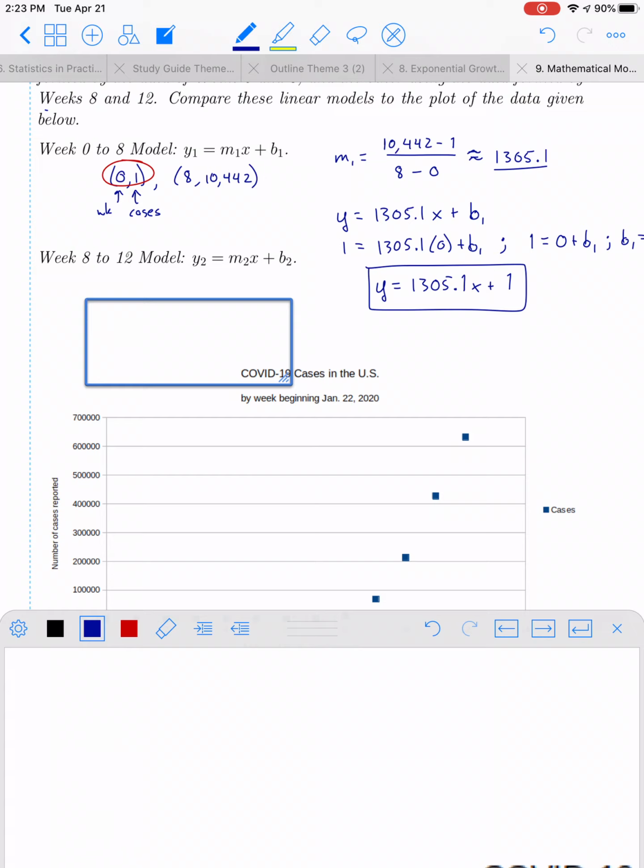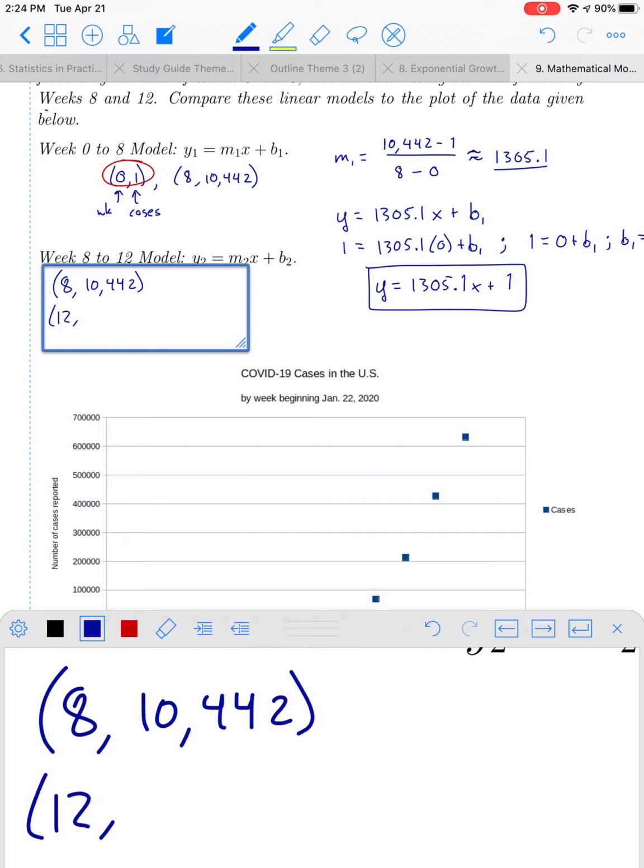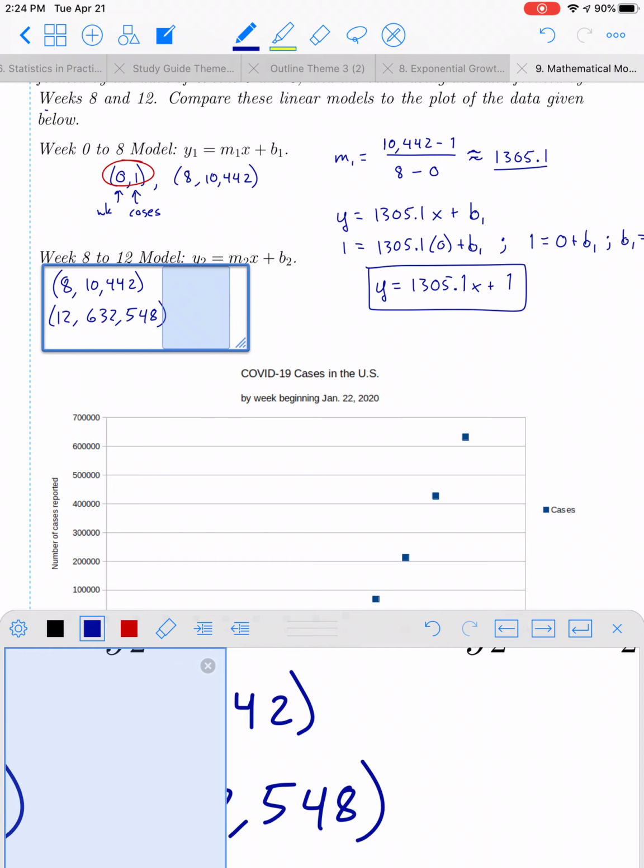I'll put the 2 points down, but let the student practice the rest of the details. Our 2 points are 8 and then 10,442. And then the latter value is week 12 with a case number of 632,000. Again, all from the table on the previous page, 548.